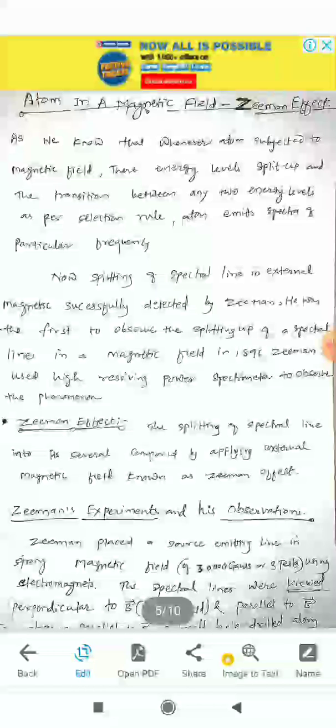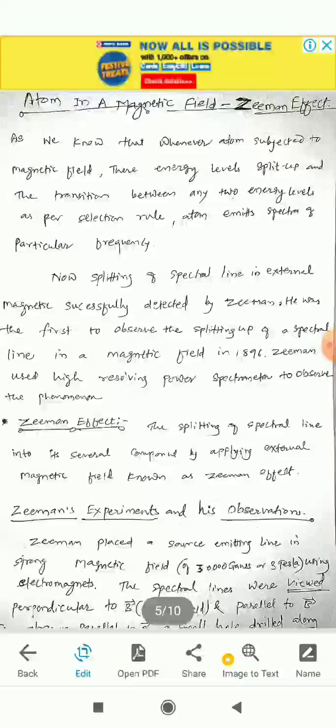If three lines are observed, it is known as the normal triplet. If more than three lines are observed, that is another type, the anomalous Zeeman effect. So there are two types of Zeeman effect possible.